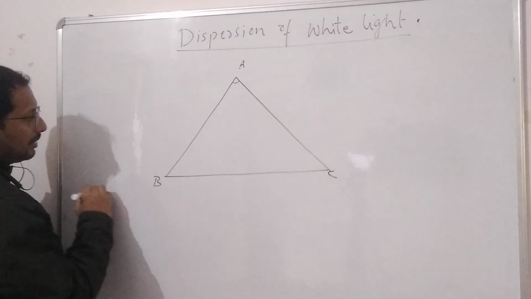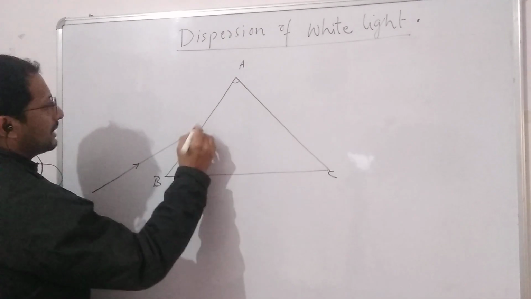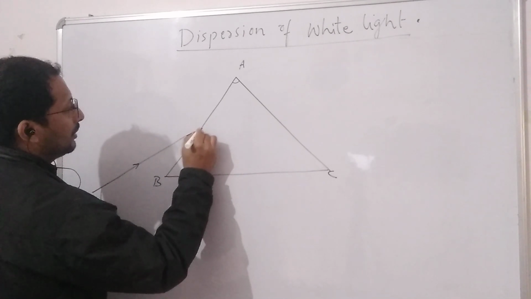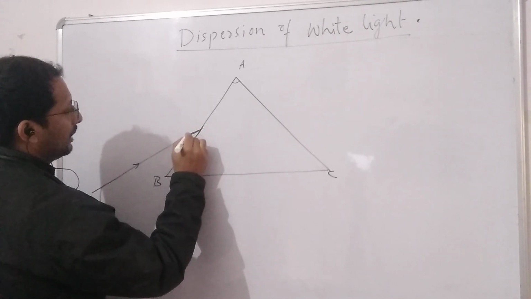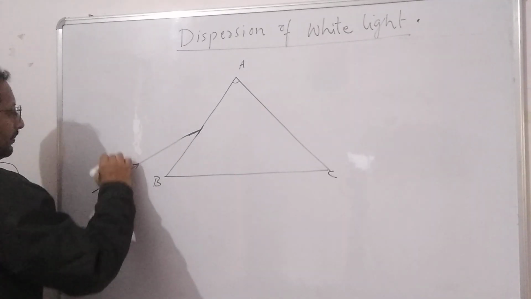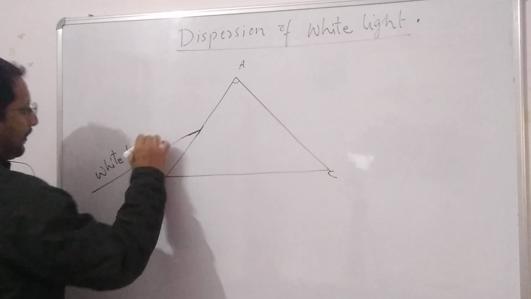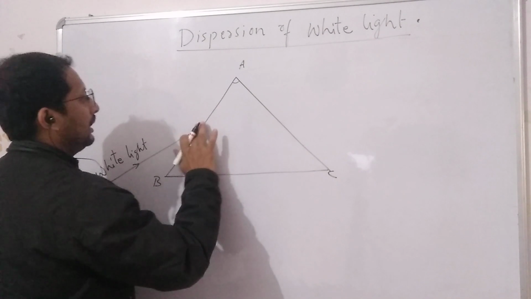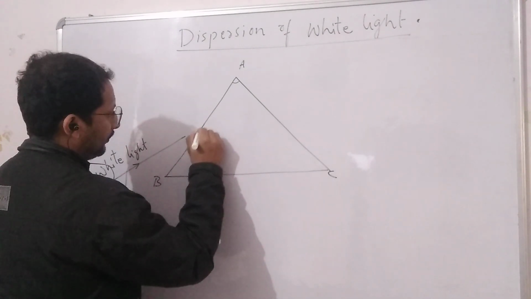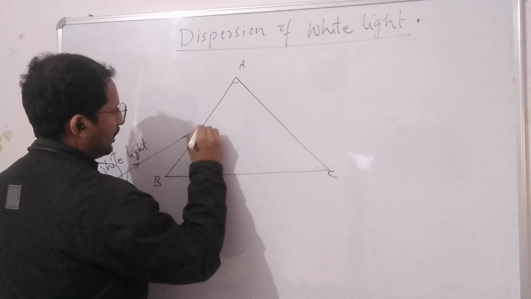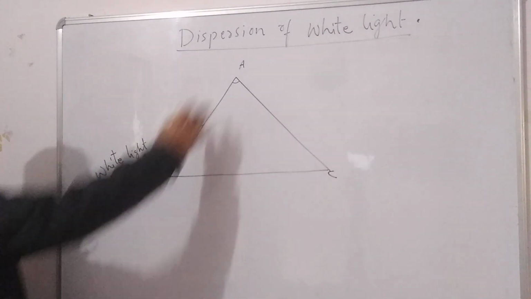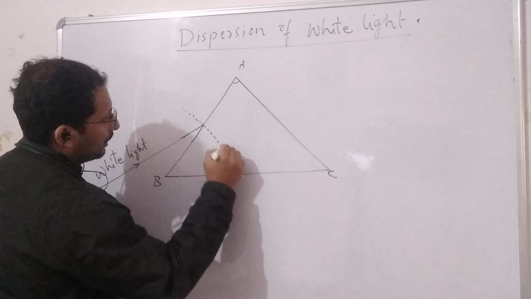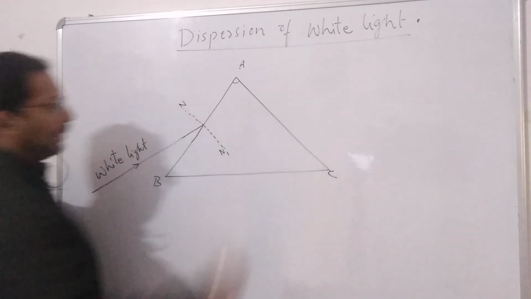When any polychromatic light, that is white light or any other light which is made up of different types of colors, so we consider this as white light, strikes on the refracting surface of the prism, if AB is the refracting surface, if it strikes here, this is the normal line MM1.